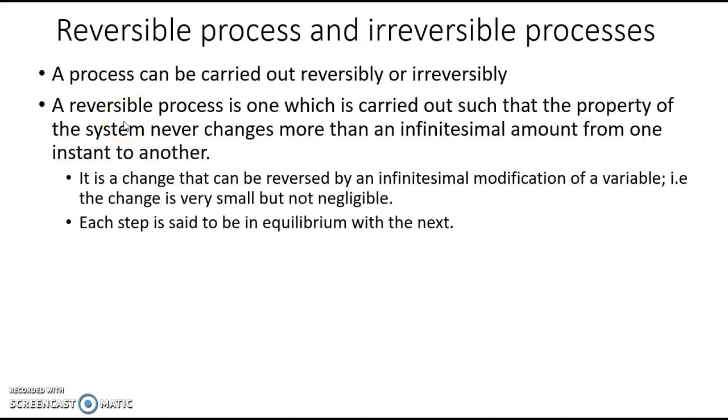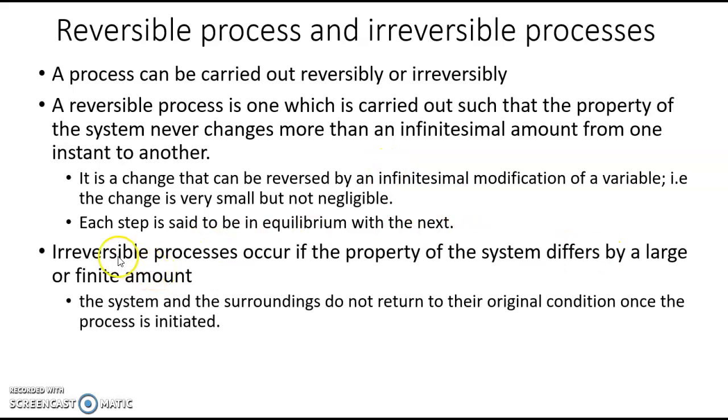A reversible process is a slow process, often called a quasi-static process, such that each step is carried out in a very infinitesimal amount, and the steps are in equilibrium with each other. So a reversible process can easily be returned to its initial state.